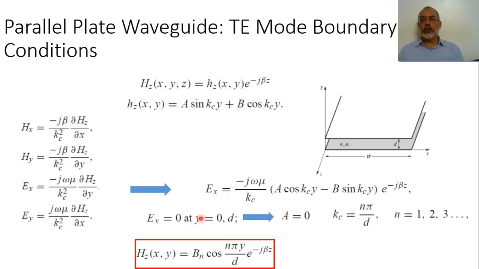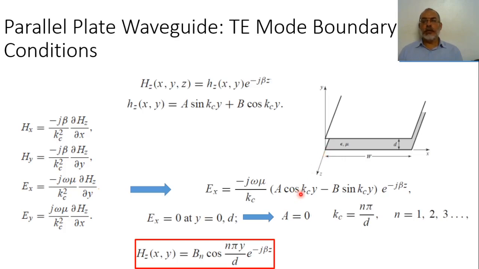At y equals 0, sine 0 is 0, so it would be A multiplied by cosine 0, which is unity, multiplied by this factor. This should be 0. Omega mu is a constant, and kc is another constant which is not 0. So the only term here is A, so A must be 0 to satisfy the boundary condition at y equals 0.